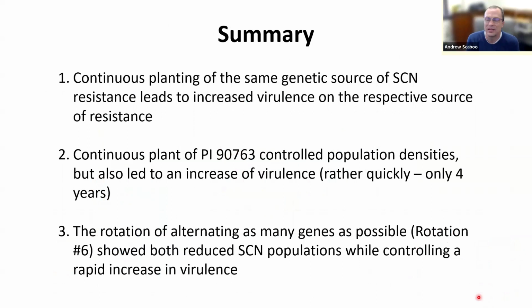I think the main reason they're not used is because it takes a lot of time and effort to breed with these PIs. That's the main reason, for all of them.